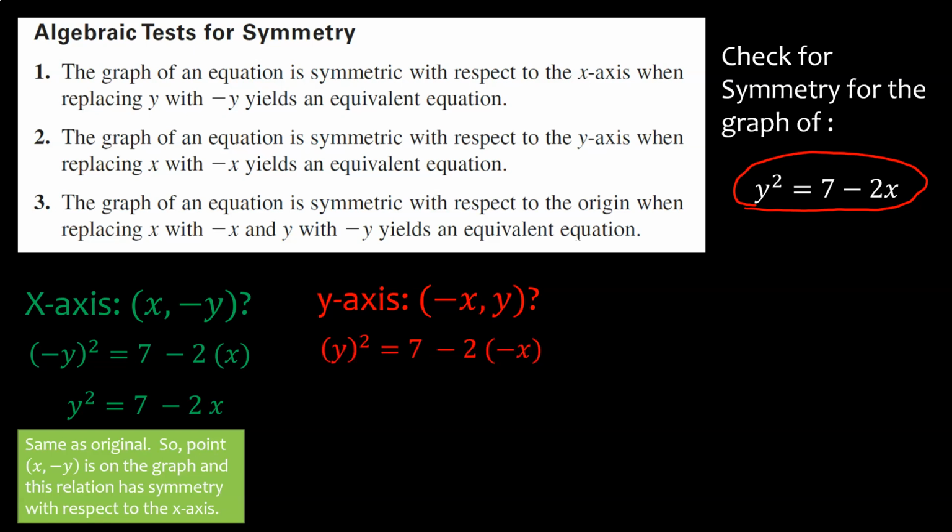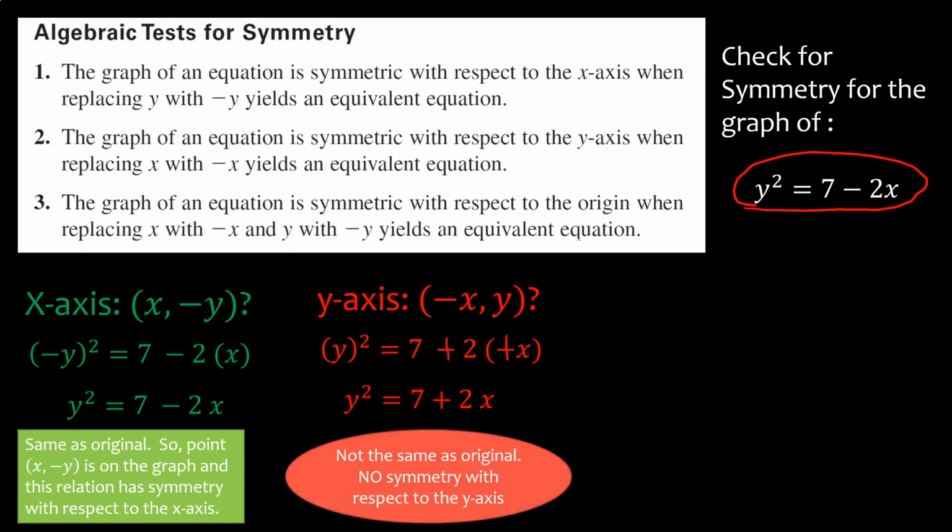If you substitute in negative x, y, you will get y squared is equal to 7 plus 2x, because negative times a negative is a positive. That is definitely not the same equation that you had before. So the point (-x, y) is not on the graph. So it does not have symmetry with respect to the y-axis.